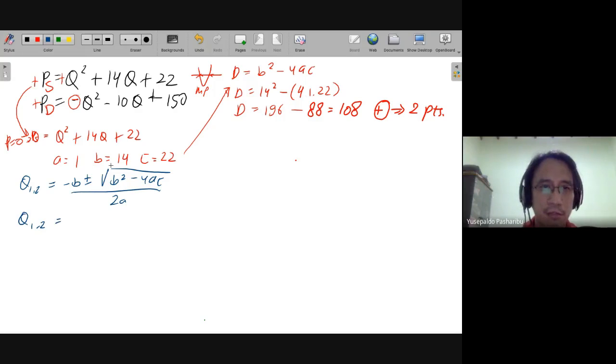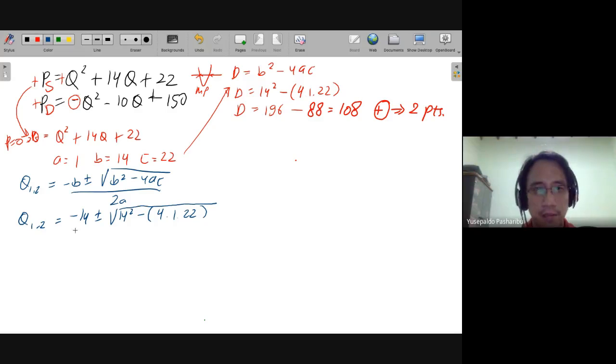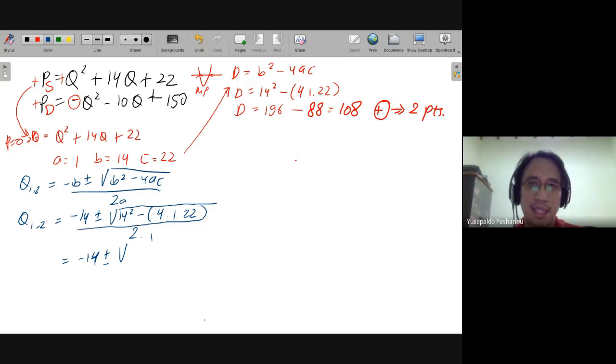Q1,2 equals minus 14 plus minus square root of 14 squared minus 4 times A times C, divided by 2 times 1, equals minus 14 plus minus 14 squared, 196, minus 4 times 1 times 22, minus 88. So the result is the square root of 108, divided by 2.